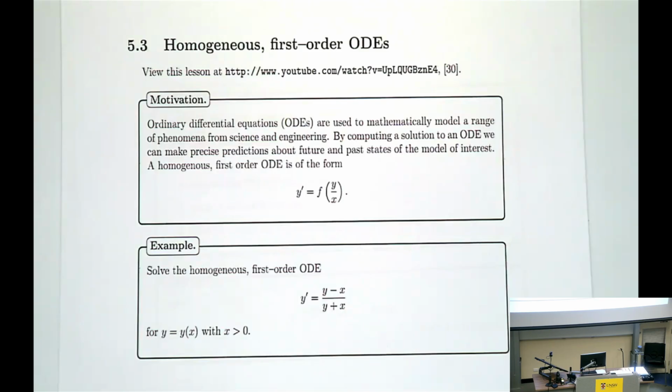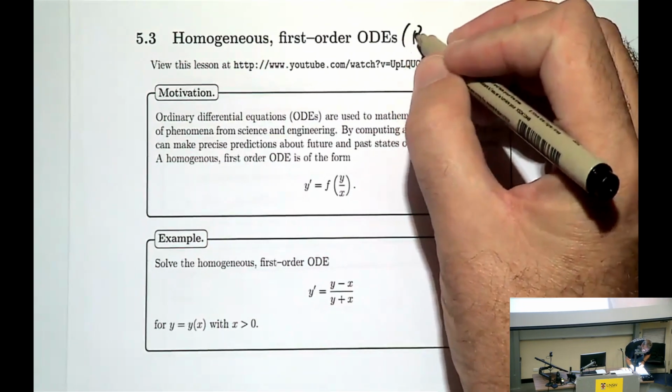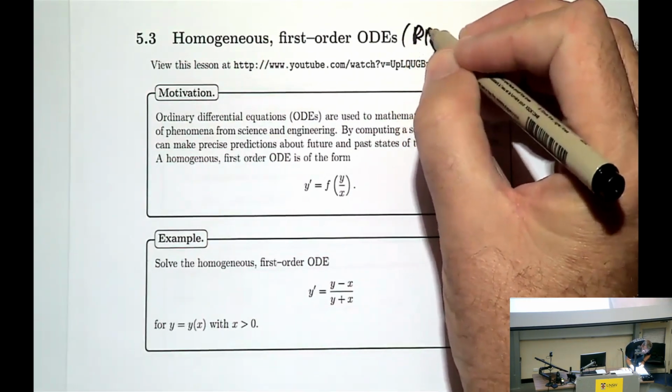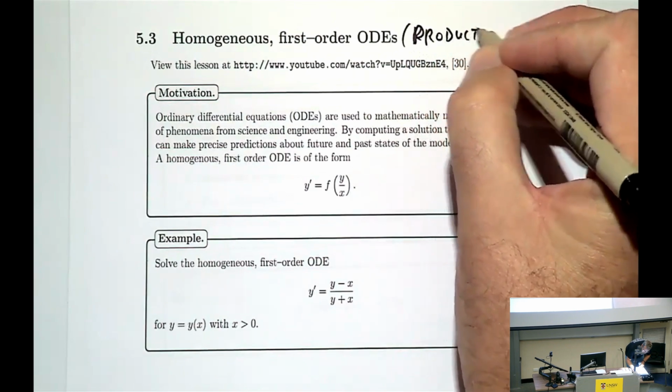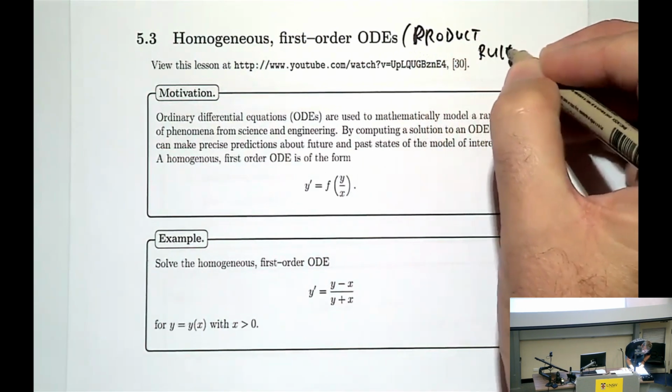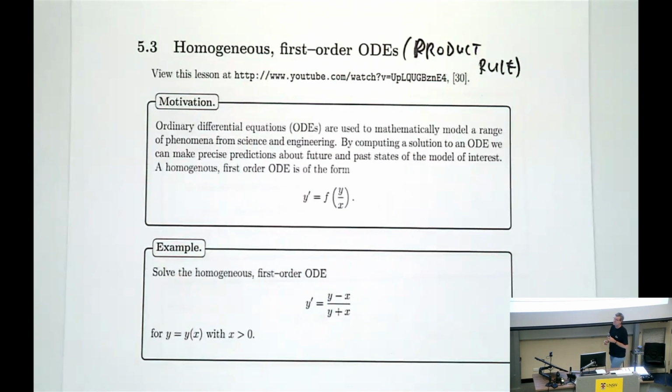But fear not, the underlying idea here, again, is the product rule. Gosh, the product rule is so useful. So let's look at the equation, and then we'll come back and do a little bit of theory.